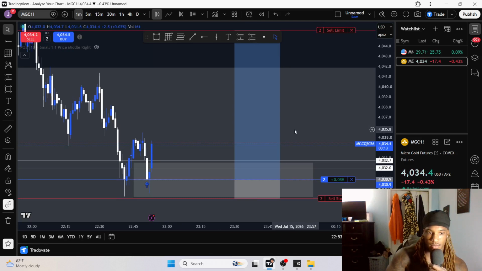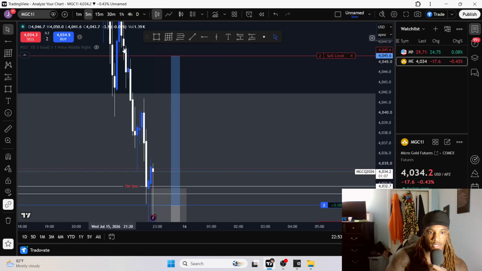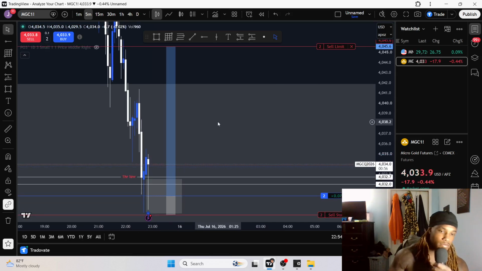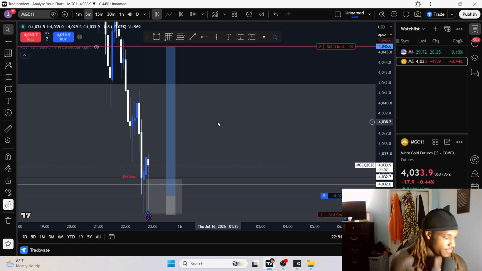Okay, here we go. Let me see something though. Because if this 5-minute candle closes bullish, then this isn't a high anymore. Then I'll put my break even at this level. But we gotta take that high first.